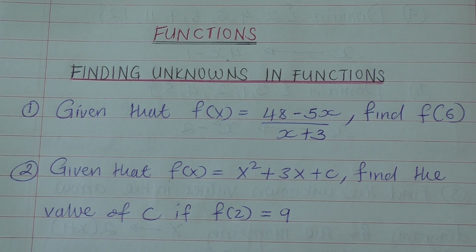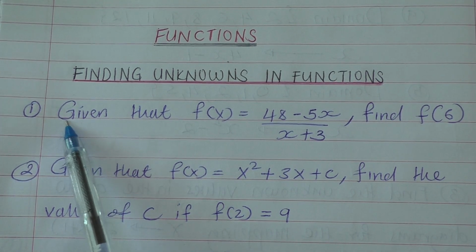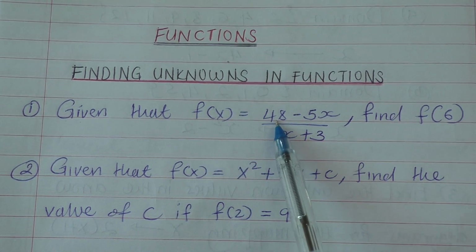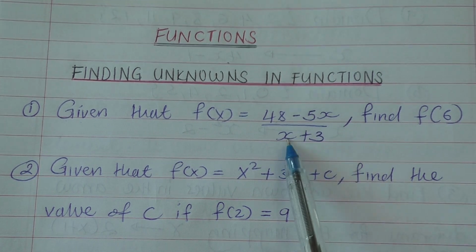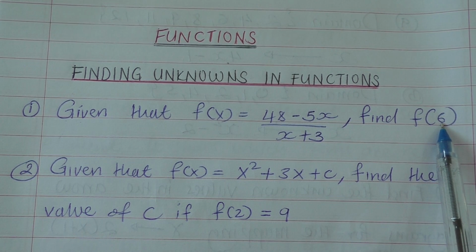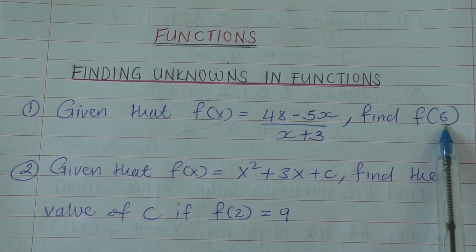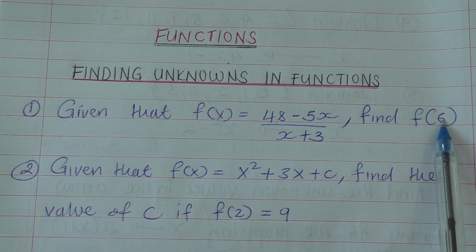Otherwise, let us continue. Example 1 says that given that f(x) equals (48 minus 5x) over (x plus 3), they want us to find f(6). Meaning, they just substituted x with 6.